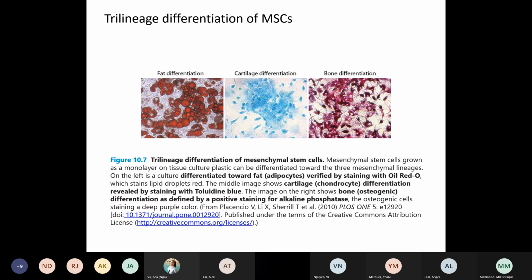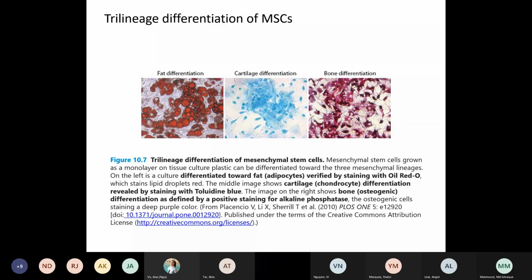It doesn't have to differentiate toward these three cell types at the same time, as long as these cells can differentiate to one of these three at a time, but you need to do all three experiments to show that the cells can differentiate into three lineages, three cell types. So I just give you the image as well as the method.